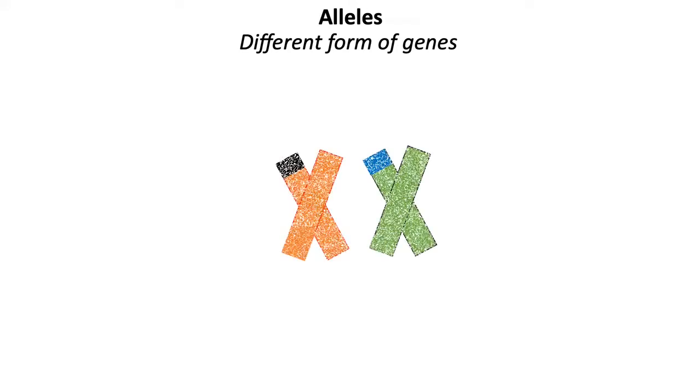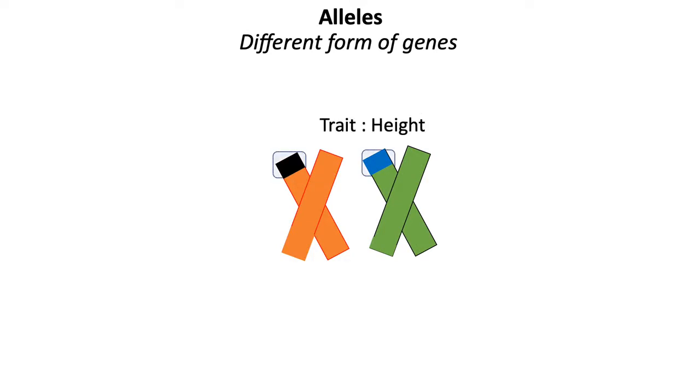As you know that alleles are different forms of genes, let's look at a simple example to understand allele. For example, we have these two chromosomes, and here we have the genes of the character height. Now there is a question, which genes could possibly be present here? We can have both capital T, or both lowercase t.